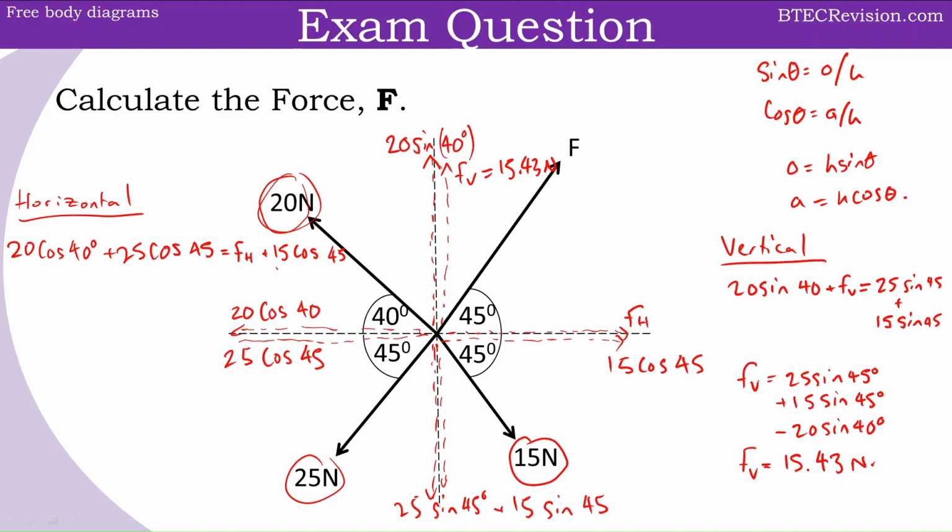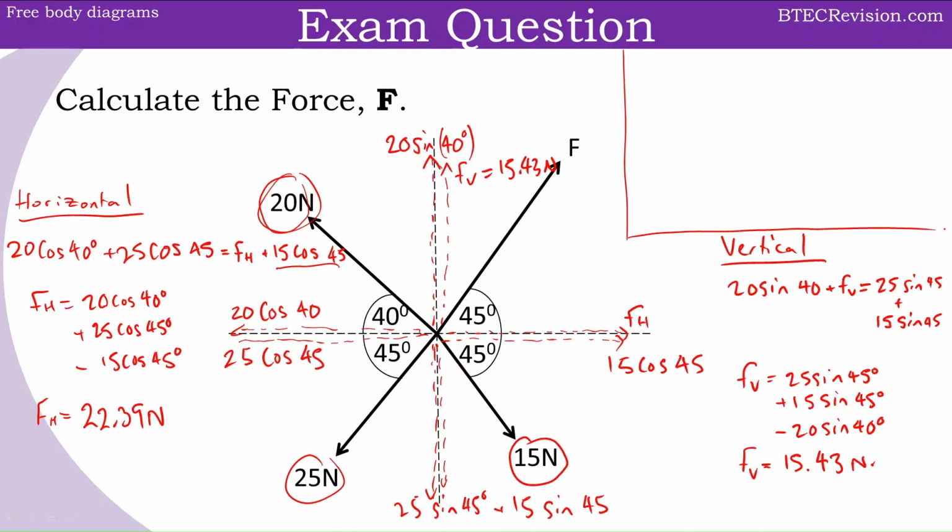Okay, so we can take this 15 cos 45 to the left, and we're left with FH is equal to 20 cos 40 plus 25 cos 45 degrees, take away 15 cos 45. And that's equal to 22.39 newtons.